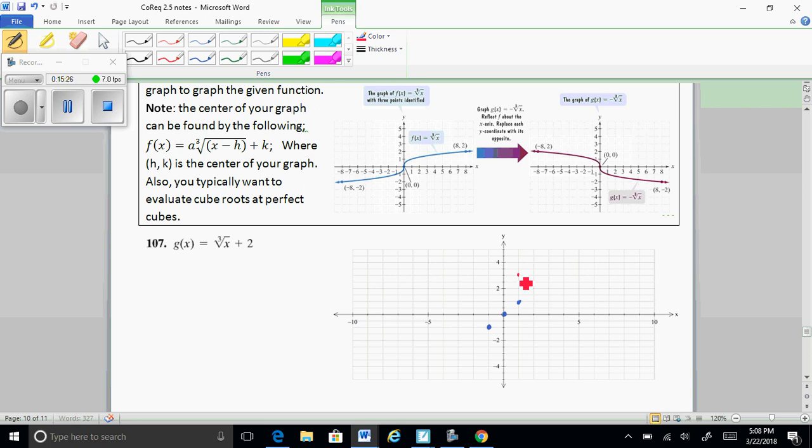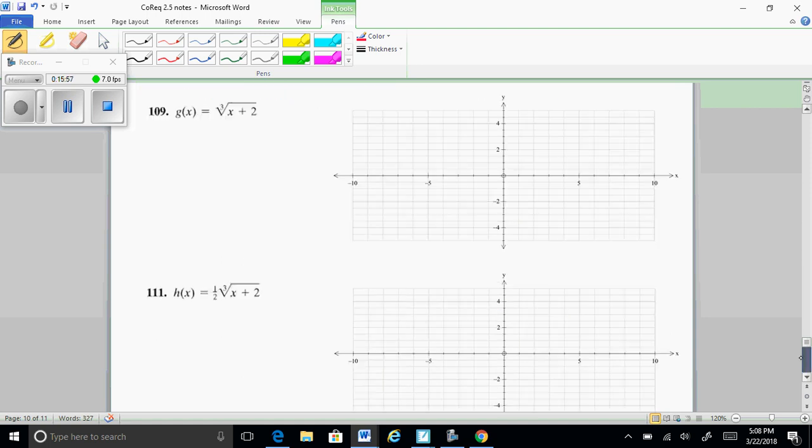So 1, 2. See, 1, 2, 1, 2. So it moves up to here. And then almost like the square root function, it actually doesn't rise quite as fast because you're cube rooting it instead of square rooting. And mine's not perfect, okay, but it's a general sketch right there. Pretty good.